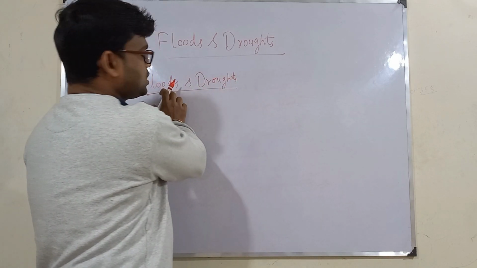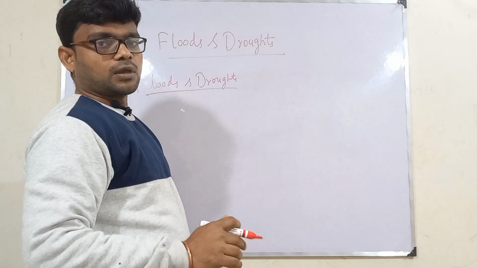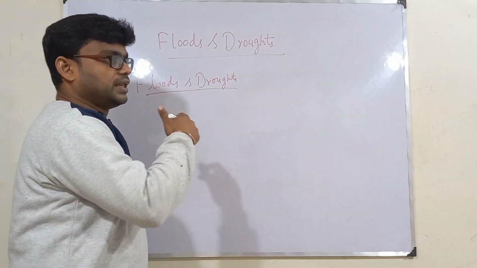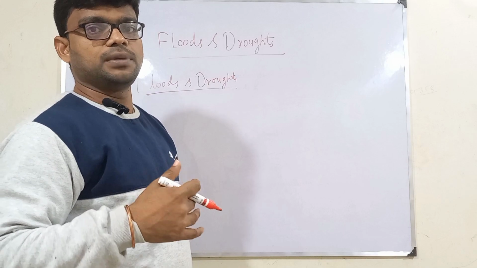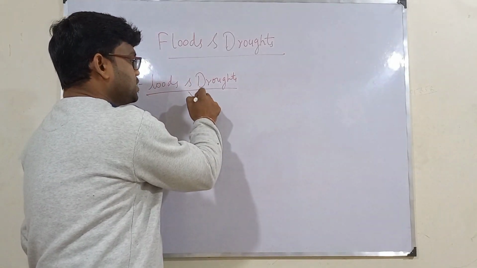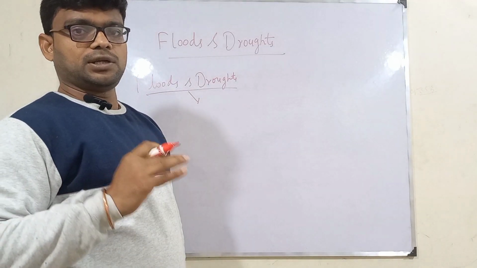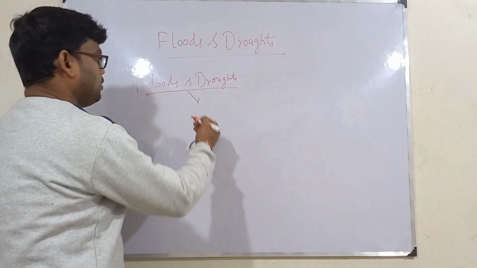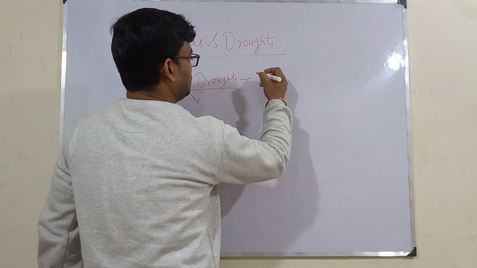Now, both these terms, floods and drought, are negative terms, which are due to water imbalance at a particular place. Now, you can write it.